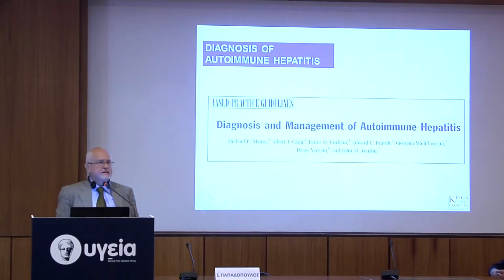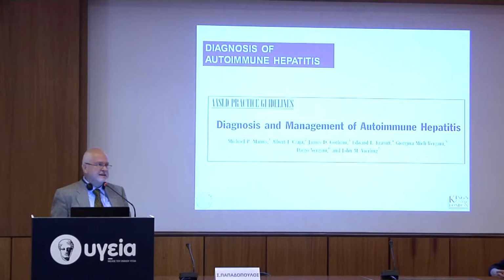The diagnosis emerged of autoimmune hepatitis. When with Michael Manns, we were writing up the guidelines for the AASLD, Georgina was asked to do the pediatric part, and I was asked to do the serological part. And we had very big problems, because when we wrote our part, we said that the testing should be done by immunofluorescence.